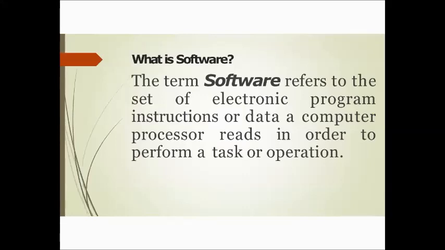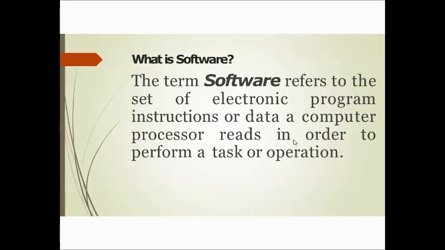Application software enables the user to create documents, spreadsheets, databases, publications, do online research, send emails, design graphics, and even play games. Examples of application software: we have MS Word under Microsoft Office, MS Excel.